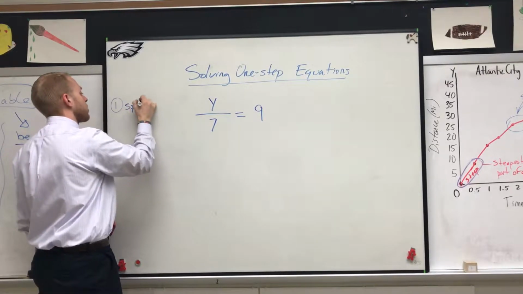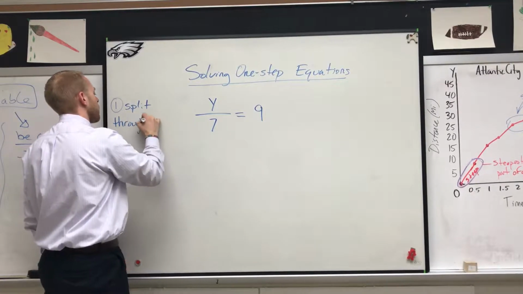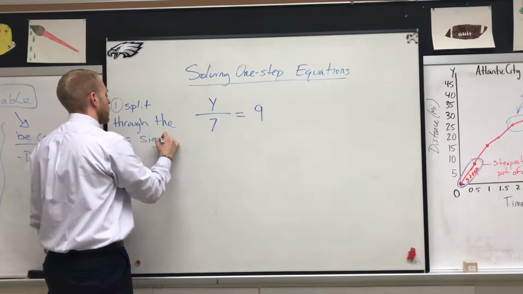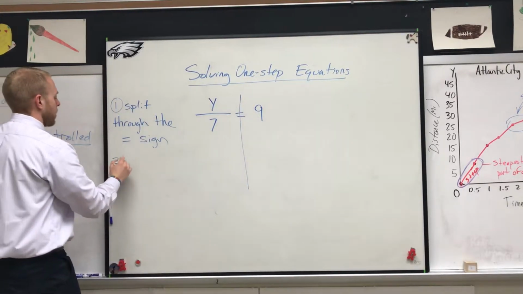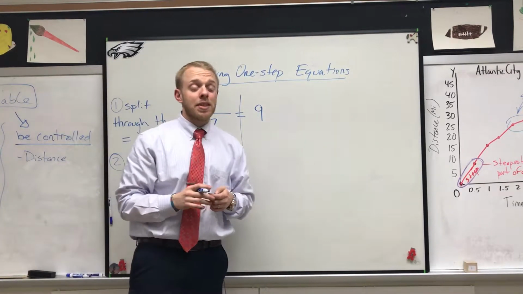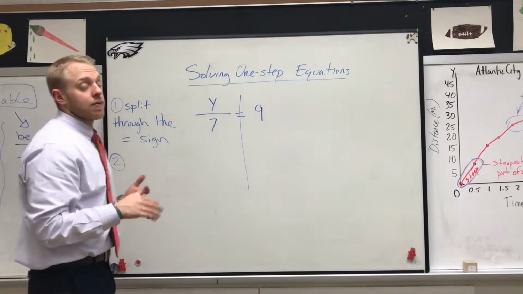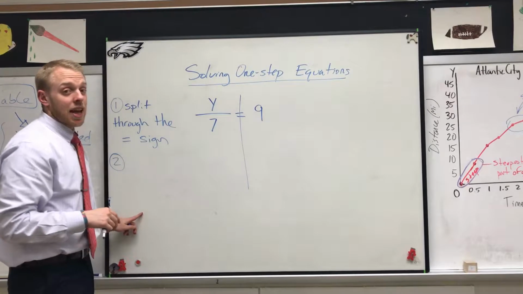So we are going to split through the equal sign. I'm going to do that straight down and through. Now remember, our ultimate goal is to figure out what that pesky variable is equal to. And in order to do that, we need to think of 2 vocabulary terms, and they're going to be step 2 and step 3.